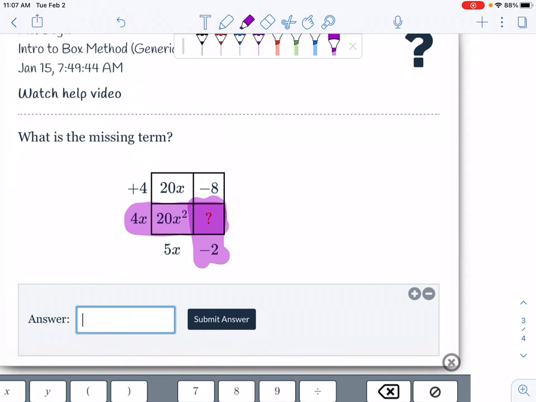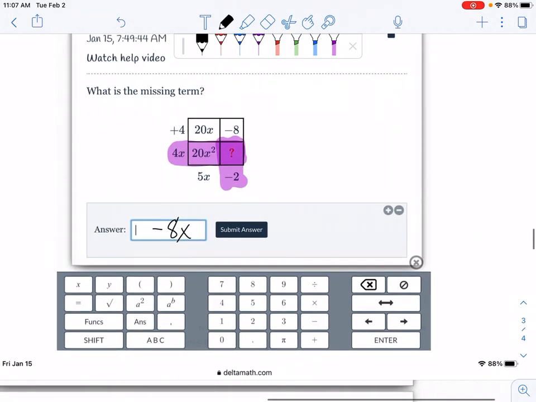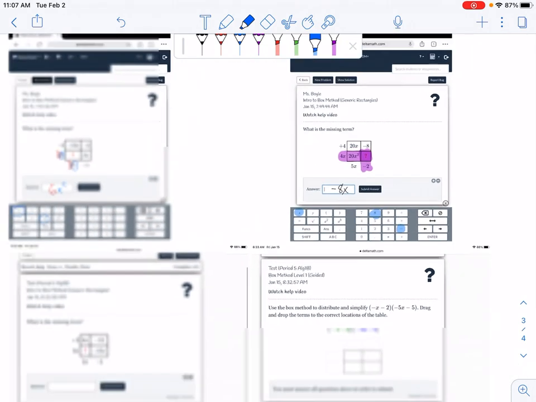And that gives me my dark purple area. I'm going to multiply 4 times negative 2 to get negative 8. And then x stays attached. So to type that in, you would type negative 8 and then x. And that's all you need to type in. There's no squared on that one.